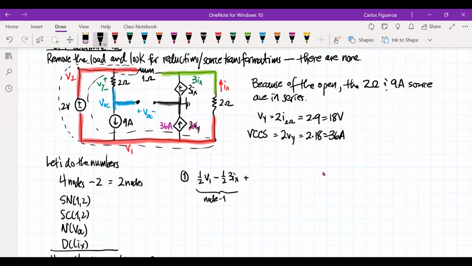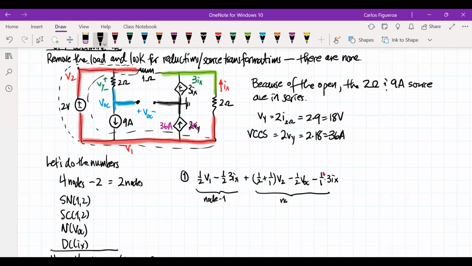So when I now go look at node 2, I see that there are 2 resistors connected to 2. So then I'm going to get 1/2 plus 1/1 V2. One's connected to VOC, and one is connected to 3IX. So this is, nope, let's do this like this.